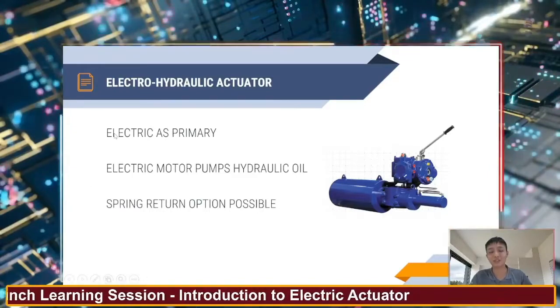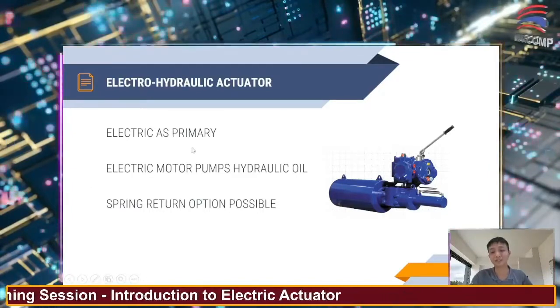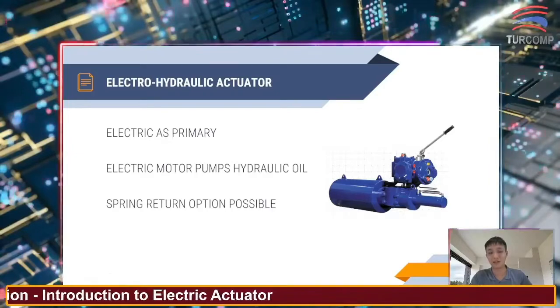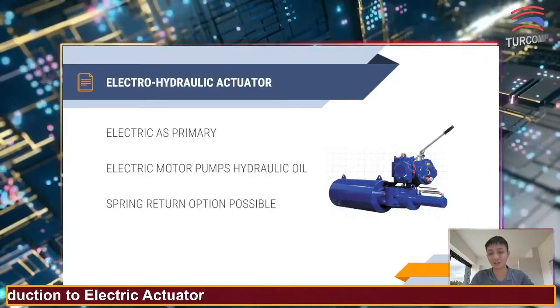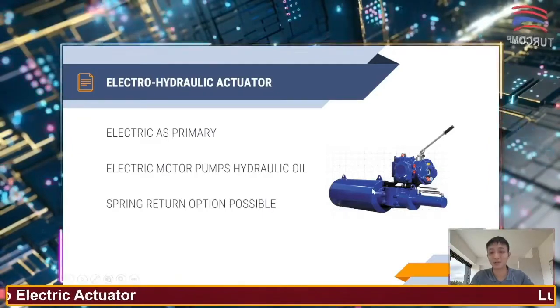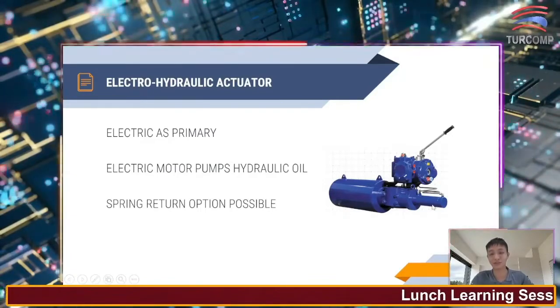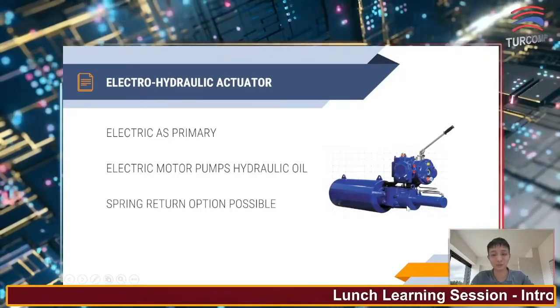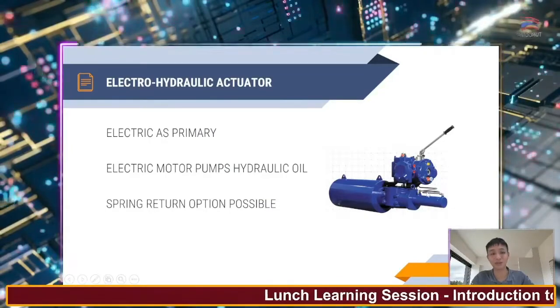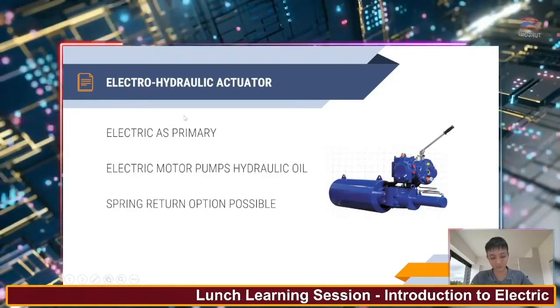So electric works as the primary, because we're talking about the hydraulic system, correct? In the hydraulic system, we need something to pump the hydraulic oil into the actuator so that it moves. So how do they pump? They will be using an electric motor.